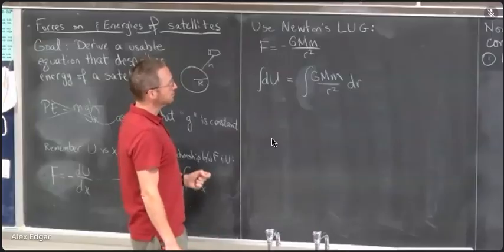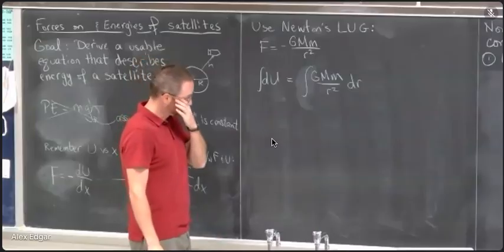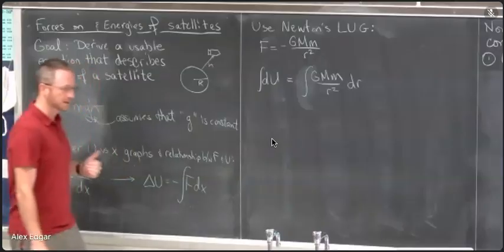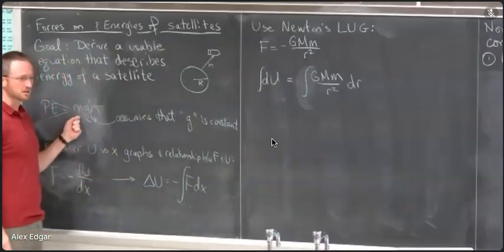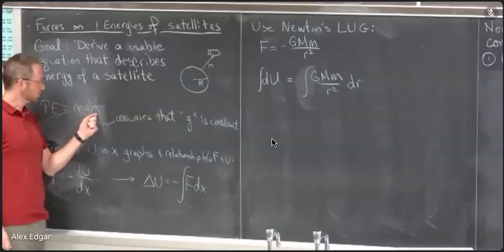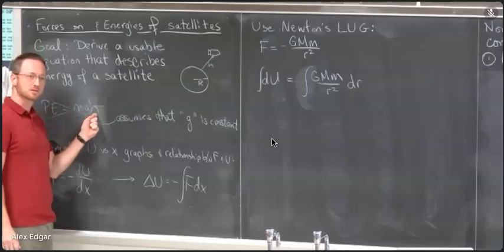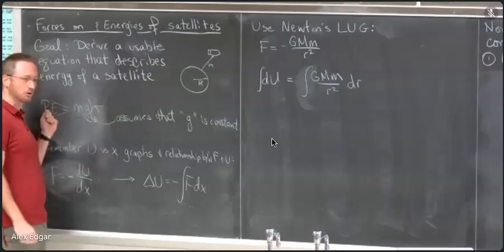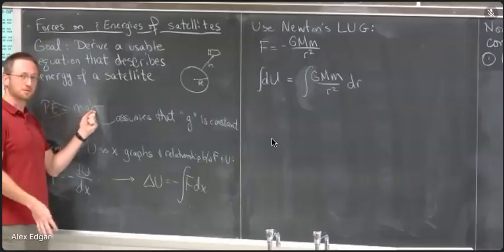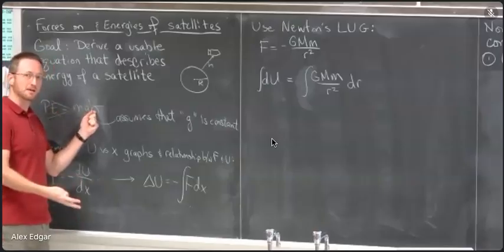Now, what we need to do is we need to say, actually, let's back up a moment and look back at this potential energy equation. We took a particular place as having zero potential energy, and we call that the floor. So we said, hey, if you're on the floor, you have no potential energy because you can't fall.